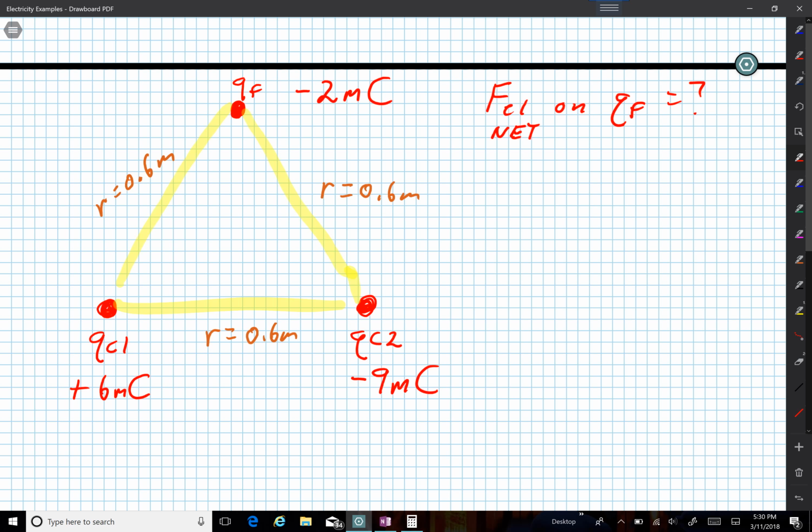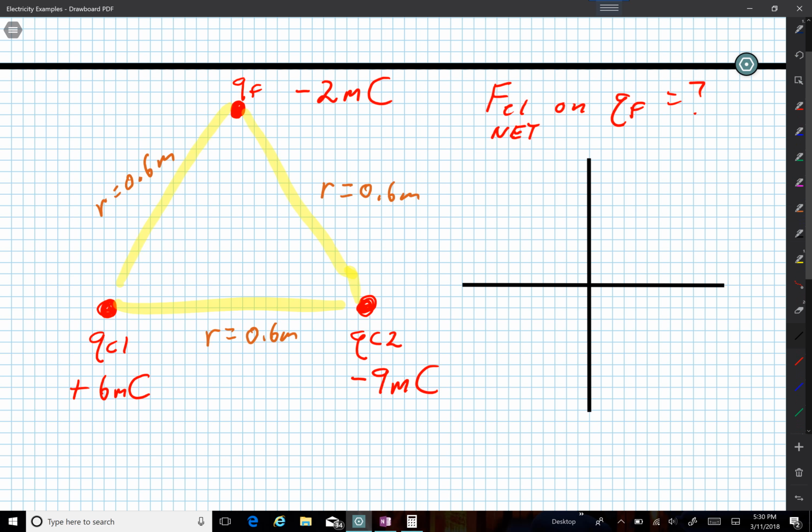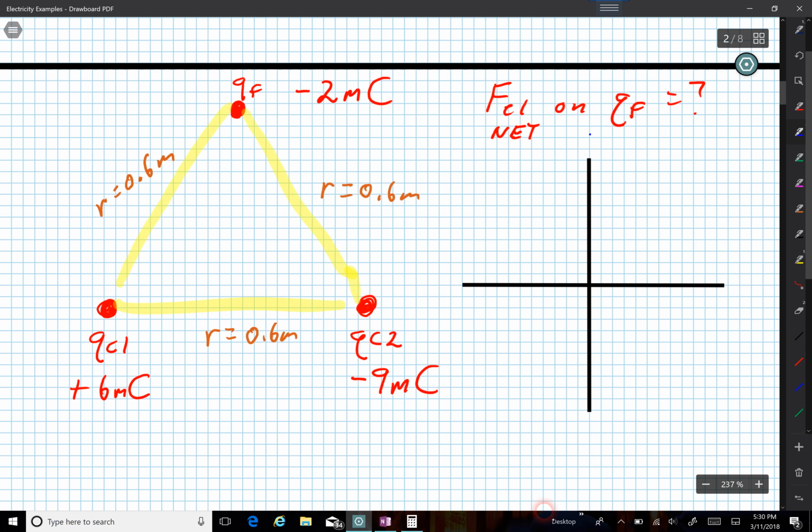Oh, as soon as I need to add vectors, I had better make some context lines. So there's my context. And let's say that this is positive and this is positive.